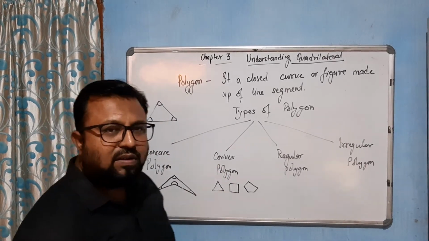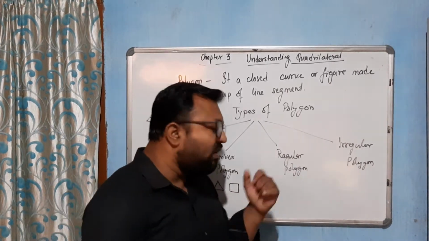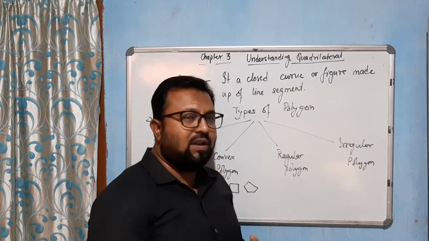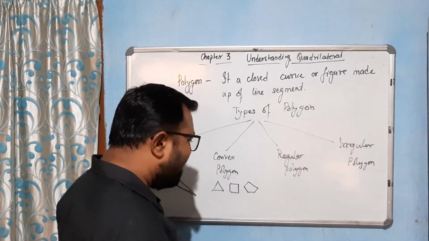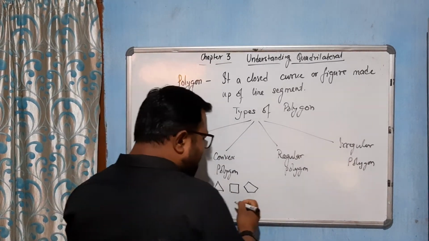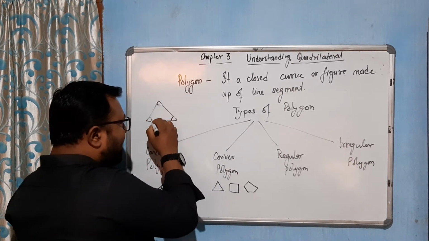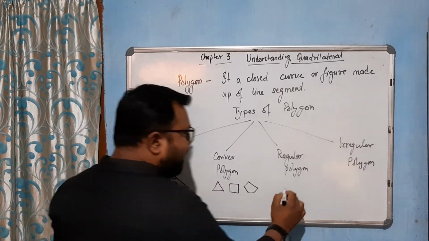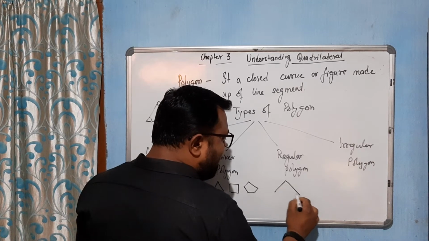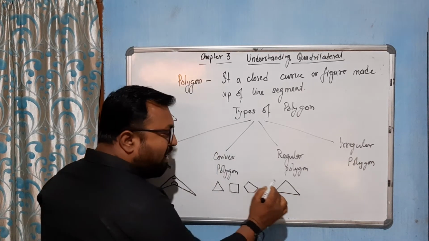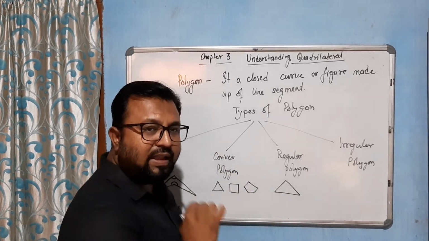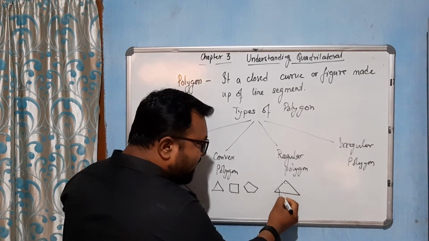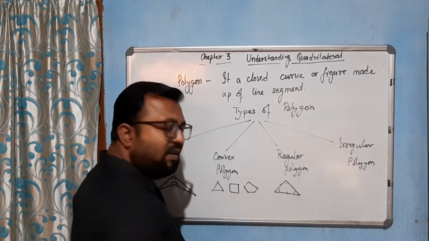Convex polygons. Okay. Now when we talk about a regular polygon, what do you understand by regular? Regular means all angles are equal. For a three-sided regular polygon, it must be an equilateral triangle. All angles as well as sides are equal.